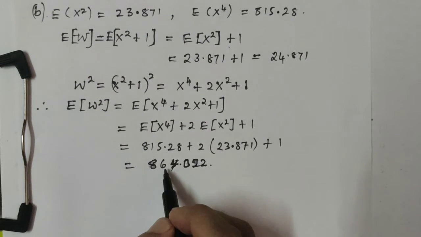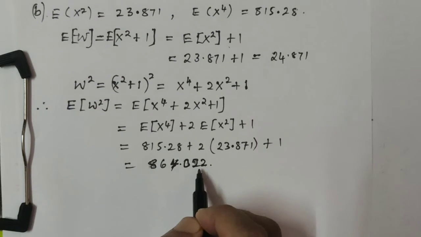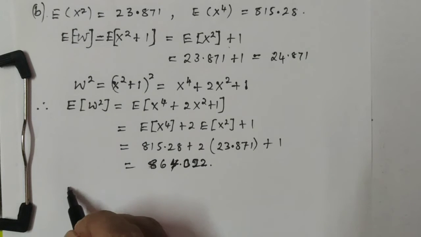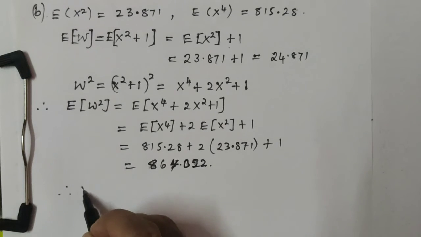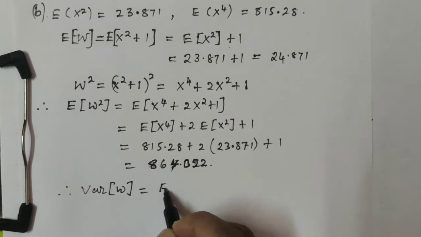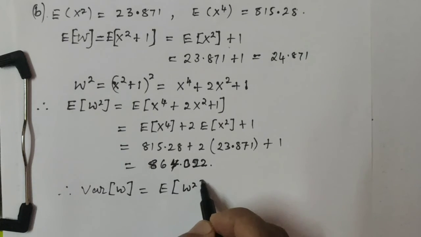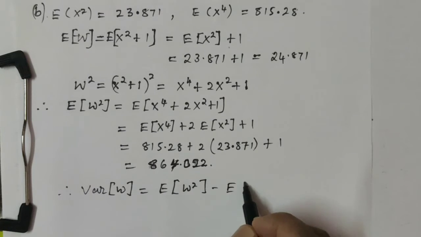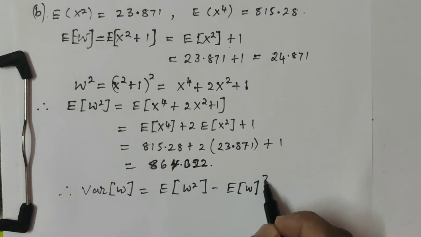So which is equal to 864.022. Therefore, variance of w is equal to expected value of w square minus expected value of w whole square. This is the variance of w.